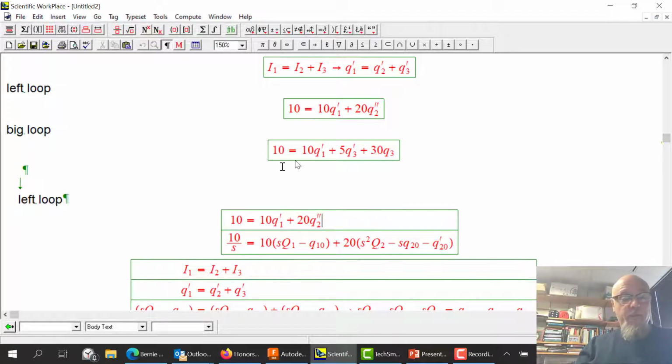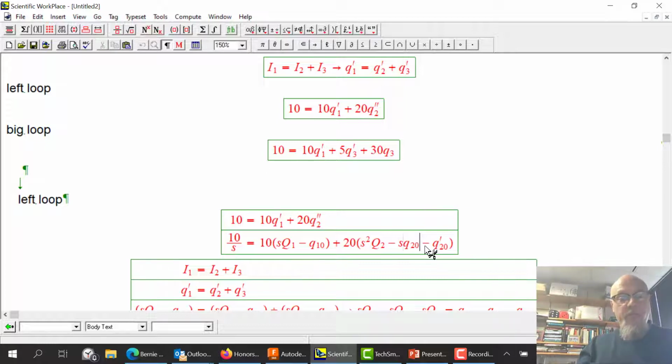So when I take the transform of this left loop equation, all of this Q1 prime changes into sQ. So the Laplace of little q1 is big Q1. So here's my Laplace of Q1 prime, my Laplace of Q2 prime prime, and all these sub knots, this would represent the Q2 knot, and so on.